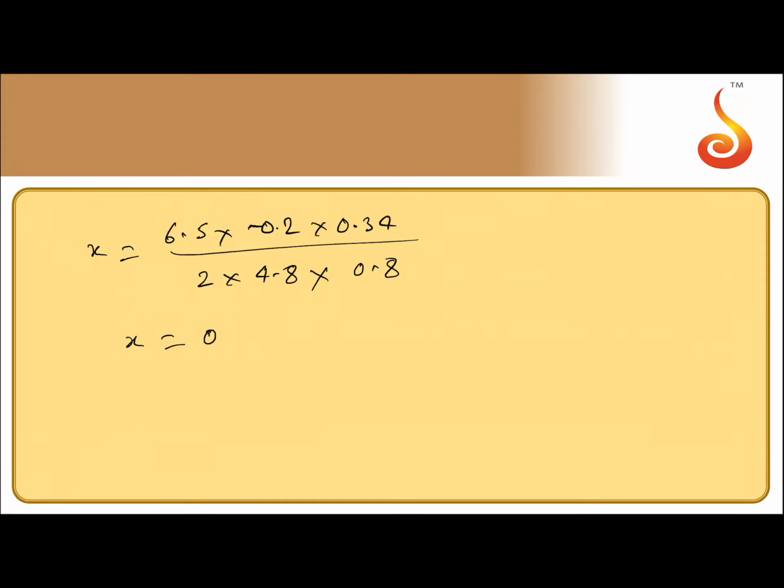So from here we will get x equal to 6.5 into 0.2 into B, which is 0.34, and 2K is 4.8, sine 53 is 4 by 5, that is 0.8. So x will be equal to 0.05765 meter compression.